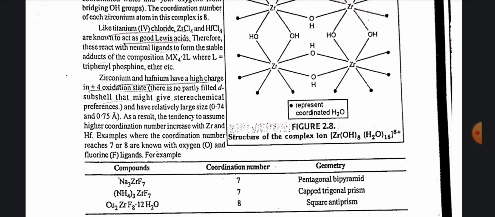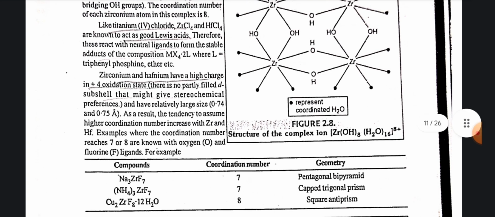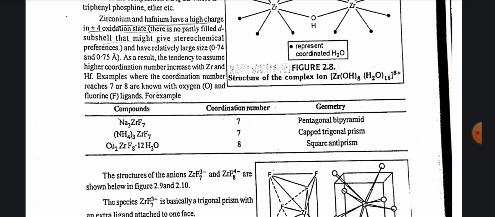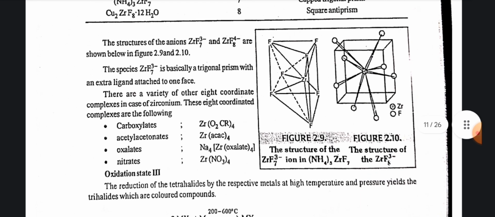Therefore, these react with neutral ligands to form stable adducts of the composition MX4·2L, where L equals triphenylphosphine, ether, etc. Zirconium and hafnium have a high charge in the +4 oxidation state, there is no partially filled d subshell that might give stereochemical preferences, and they have relatively large size. As a result, the tendency to assume higher coordination numbers increases with Zr and Hf. Examples where the coordination number reaches 7 or 8 are known with oxygen and fluorine ligands.